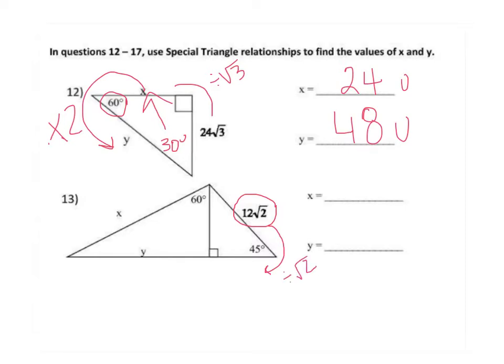So 12 root 2 divided by root 2 is just 12, which means this is then also 12. And if that's 12, notice that this is your 30-degree angle, which means you have the short leg. Okay, so if you have the short leg, then you can just multiply by 2 to get x, which is 24. And then to get y, you just take the 12 and multiply by root 3.